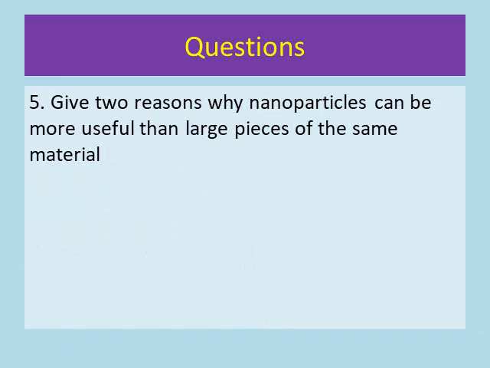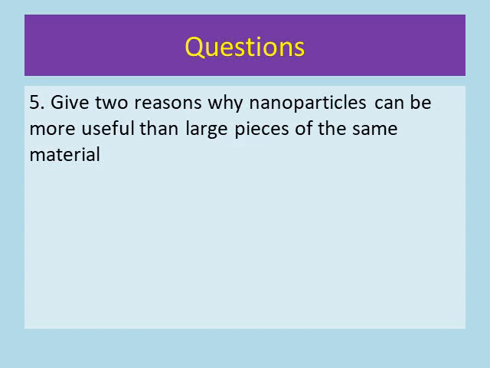Okay, number 5, final question. Could you please give 2 reasons why nanoparticles can be more useful than large pieces of the same material? Okay, so hopefully you paused the video and you've written down a couple of things. So thing number 1 is they've got a much larger surface area to volume ratio.